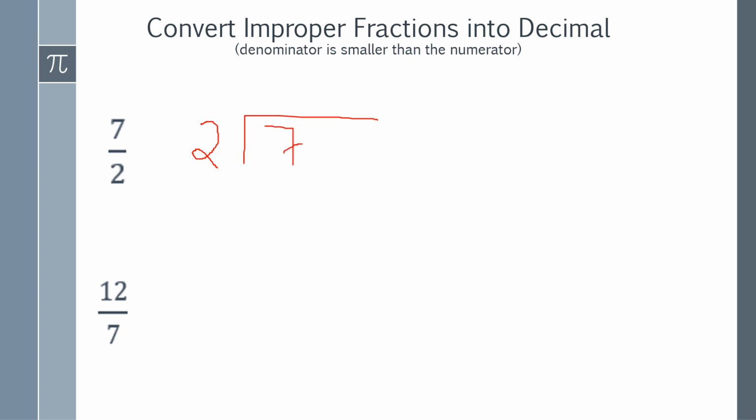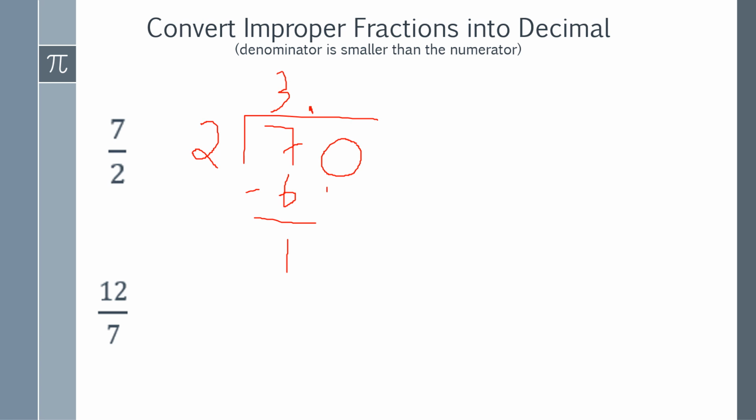2 can go into 7 3 times, and we know that 3 times 2 is 6. Then we subtract 6 from 7, so 7 minus 6 is 1. 2 cannot go into 1 evenly. So, as we did in the previous example, we add a 0, and when we add that first 0, we have to put our decimal point up here.